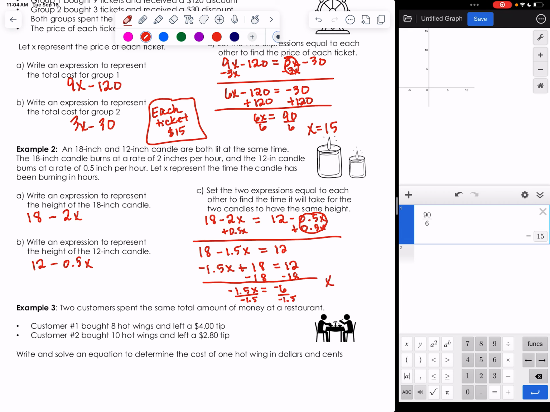Now, I highly suggest you put this in your calculator so you don't make a little mistake. Negative 6 divided by negative 1.5 gives me positive 4.